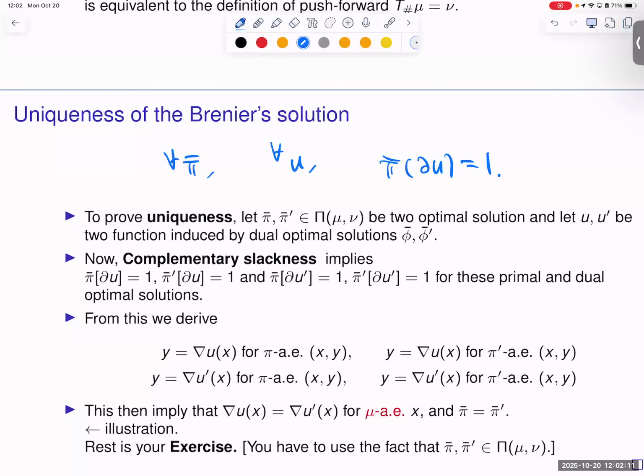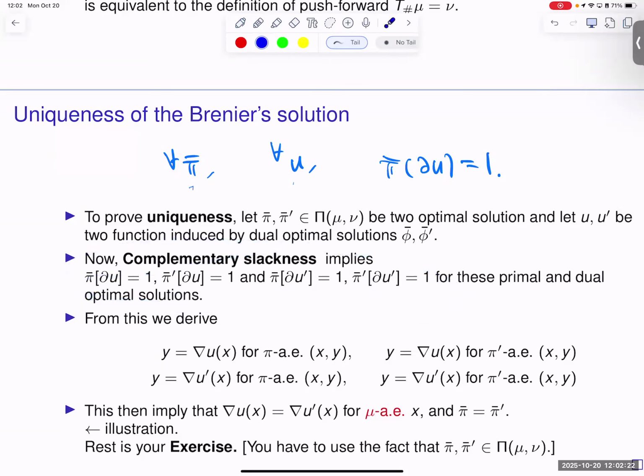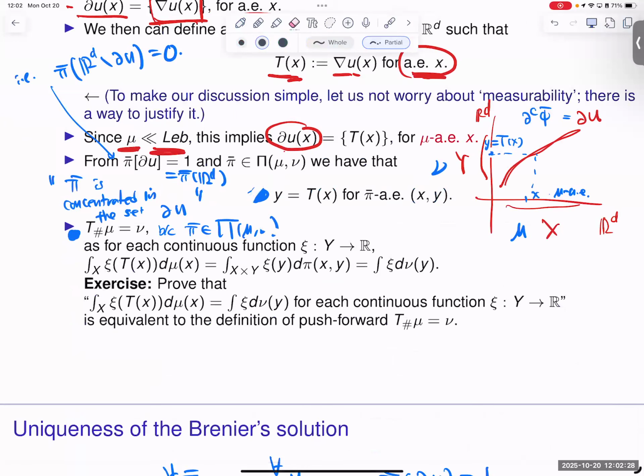So you can apply this to pi bar prime and u prime, and with these different combinations. Now we learned that this is exactly the same as having this relation, right?